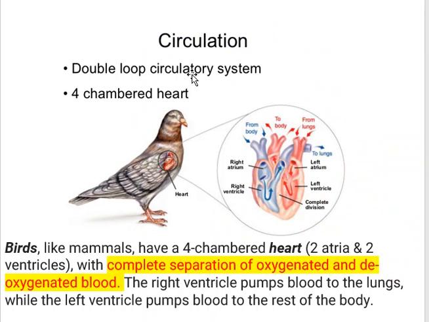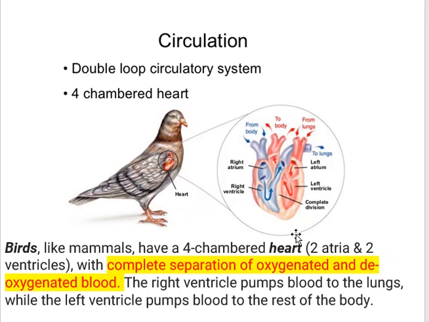And I just want to spend a minute on the circulation here in birds. This is the same exact circulation that we present. It is a double circulation where unoxygenated and oxygenated blood are completely 100% separated at any given time. And so it's a four-chambered heart. The double circulation refers to the systemic circulation versus the pulmonary circulation.